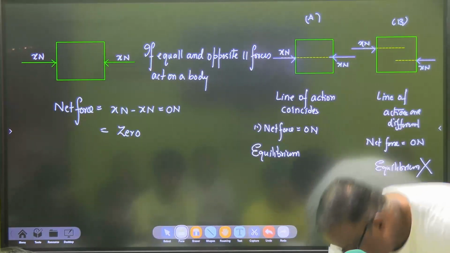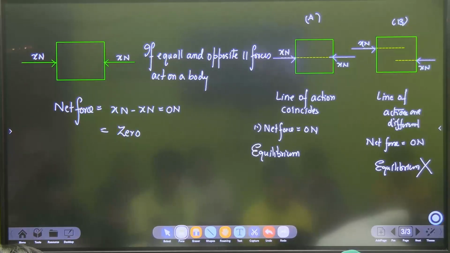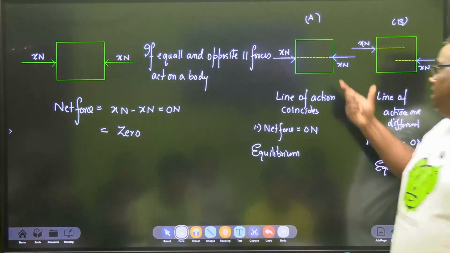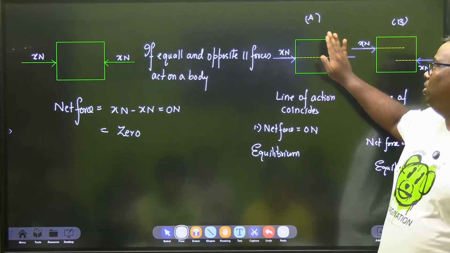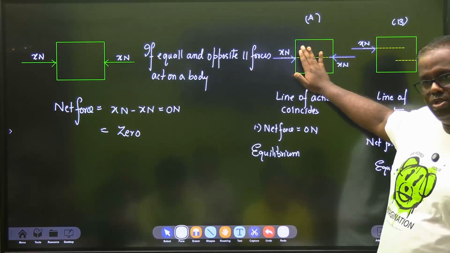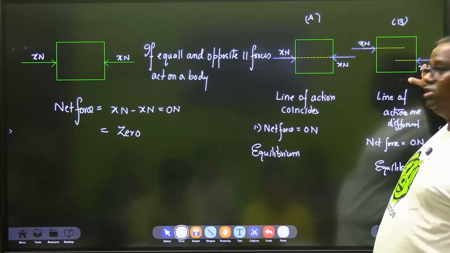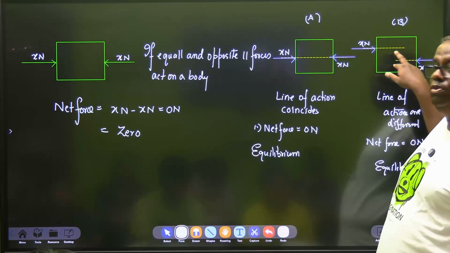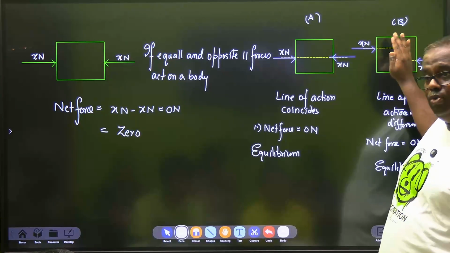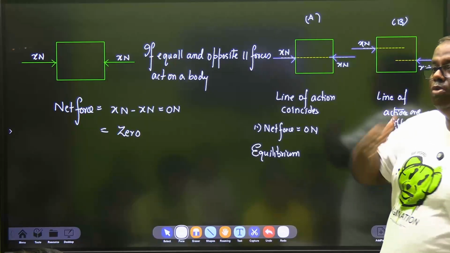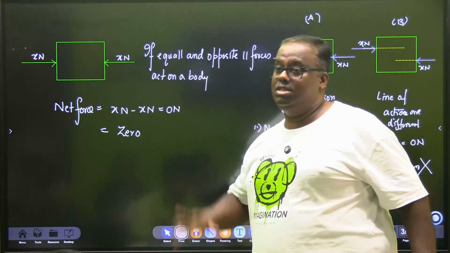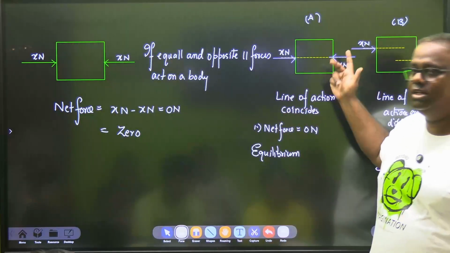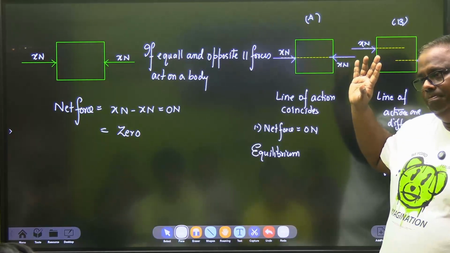That we find by looking at the line of action. If two opposite forces have the same line of action, body remains at rest. Net force 0. If two opposite forces, equal and opposite, act on different lines of action, net force still is 0. But the body will not remain in equilibrium. वो अपना state खो देगा. ये rotate कर जाएगा. Clear?